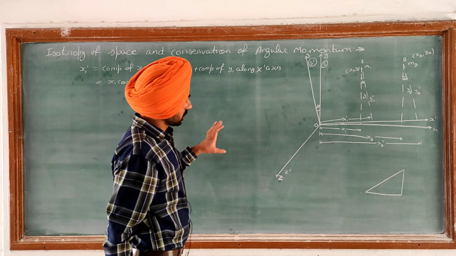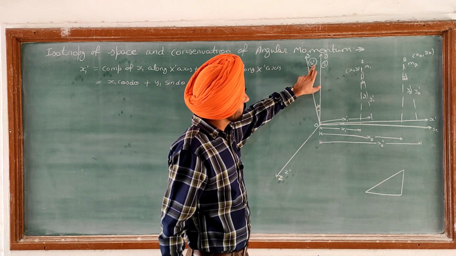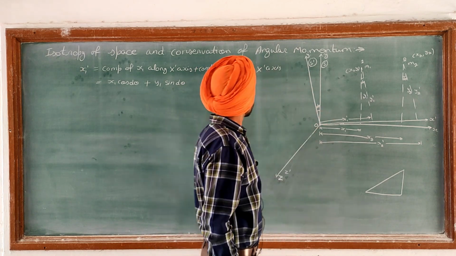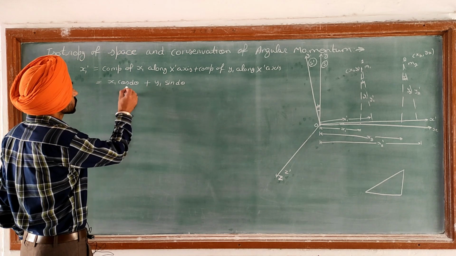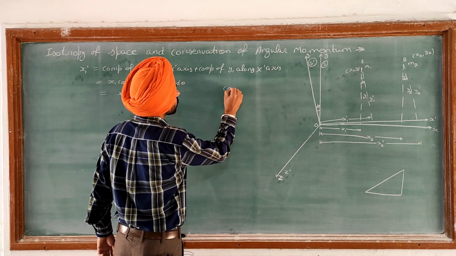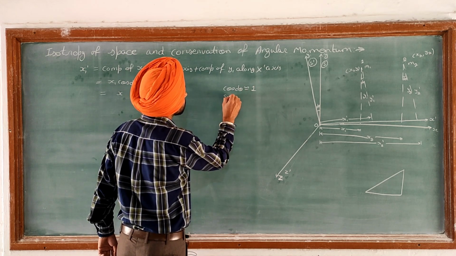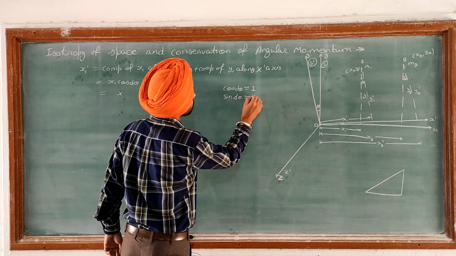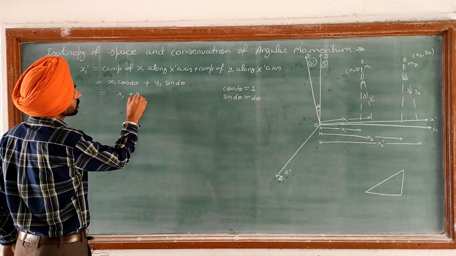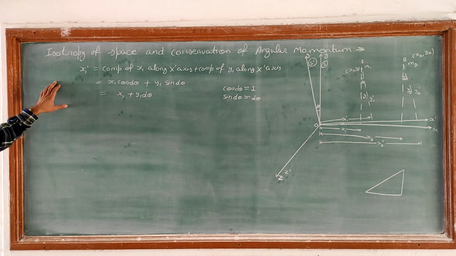As we consider the z-axis coincides with the z prime axis, that means frame S prime is rotating about the z-axis with a very small angle d theta. So d theta is infinitesimally small. So cos d theta is approximately equal to 1 and sin d theta is approximately equal to d theta. So we can write x1 plus y1 d theta. So this is x1 prime.